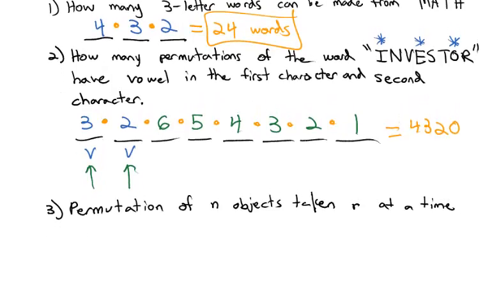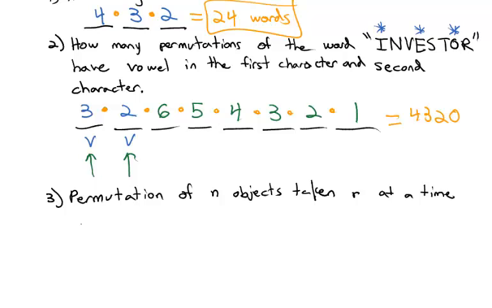And you'll see this abbreviated as nPr. Some number of items is counted, with permutations selecting r of them.